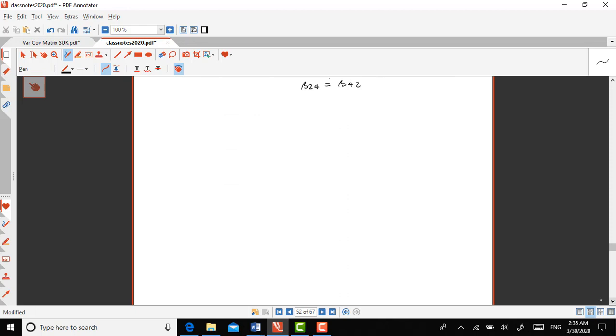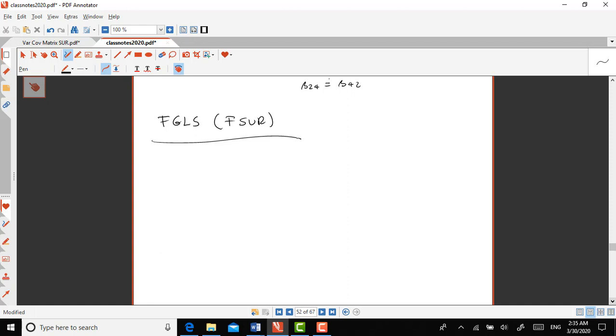Okay, so before we talk about the theoretical generalized least squares estimator, now let's talk about feasible generalized least squares. Even though I would call it feasible SUR, in practice everybody just calls it SUR.